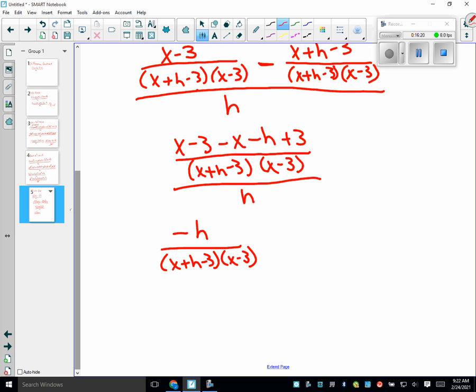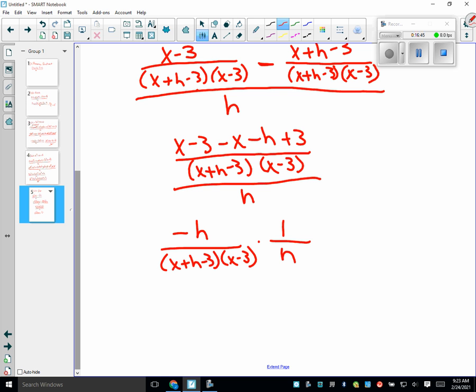Which, if it's divided by h, is that the same thing as multiplied by 1 over h? So can I do this? Do you agree with that? What happens to my h's?